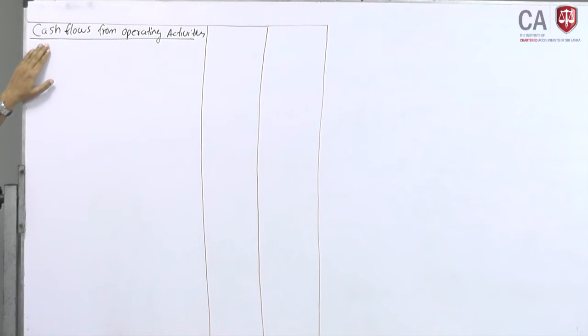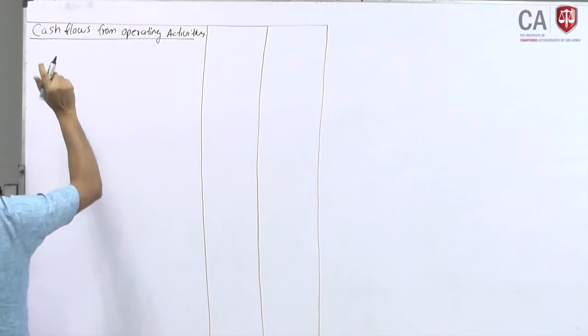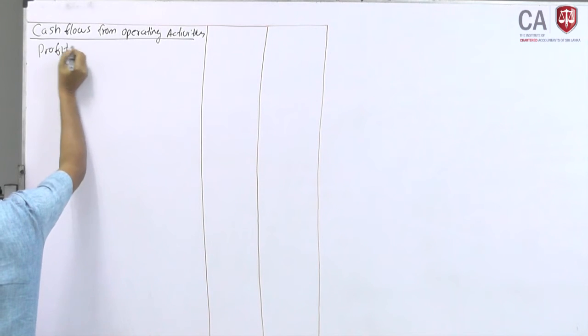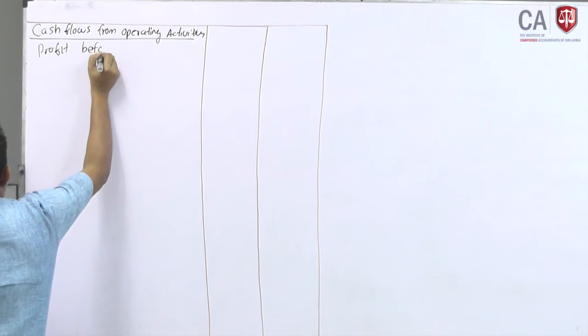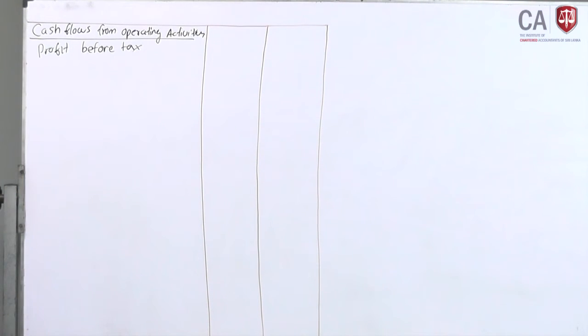This is where you transform your accrual based profit to the cash based profit. So, let me take the profit figure here. The profit to be taken here should be the profit before tax, and this is taken from the profit and loss.